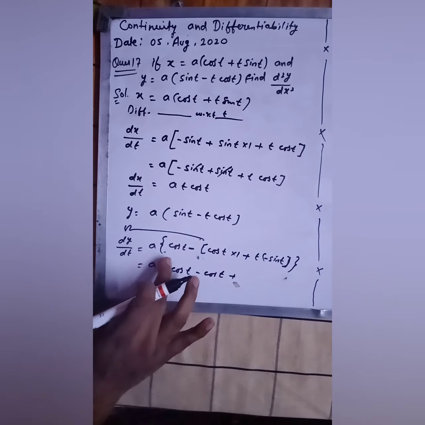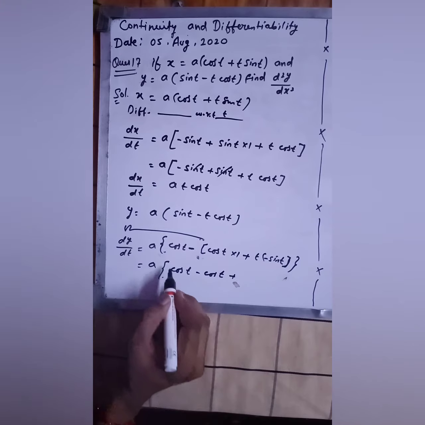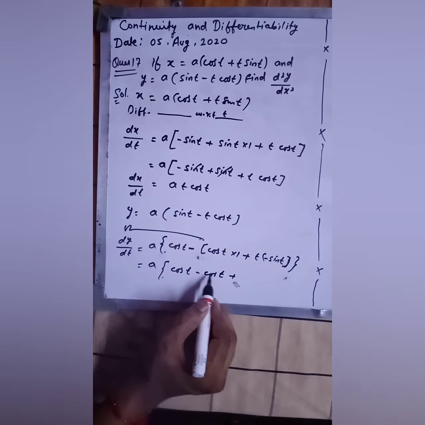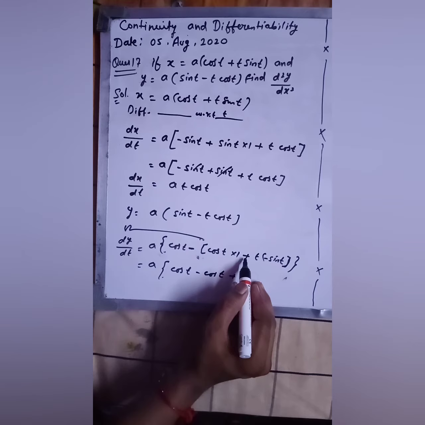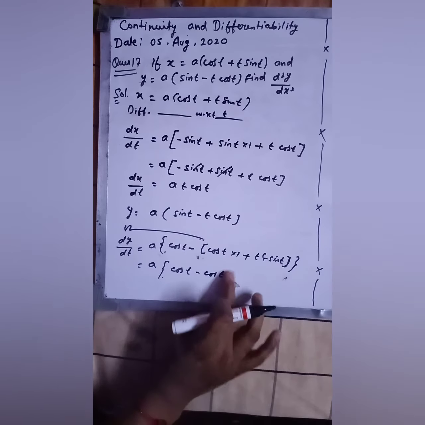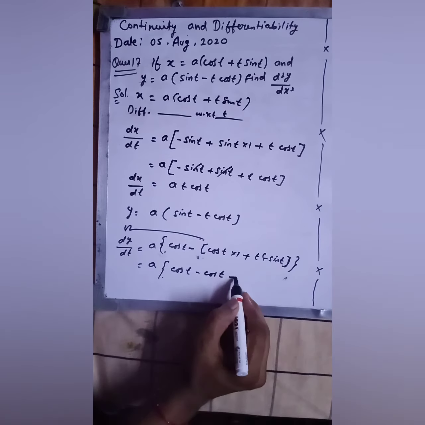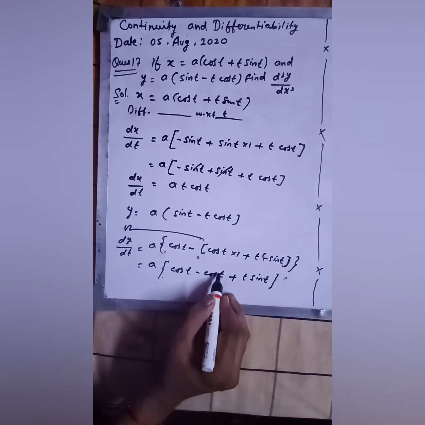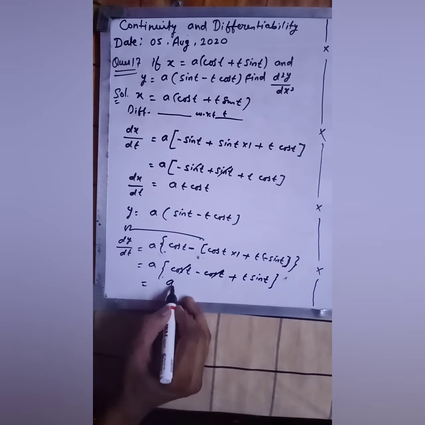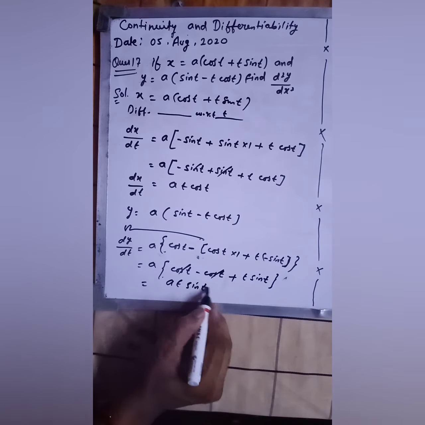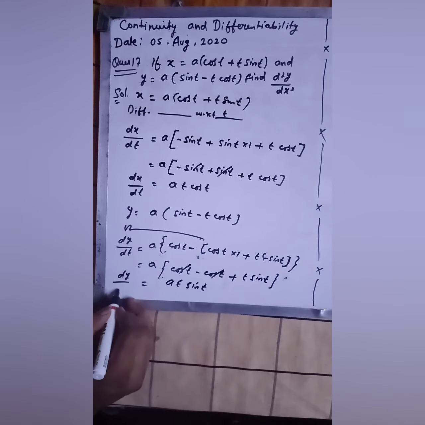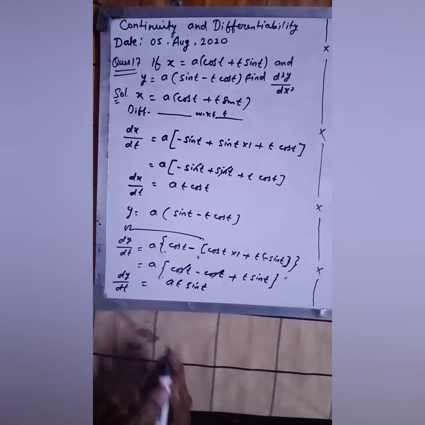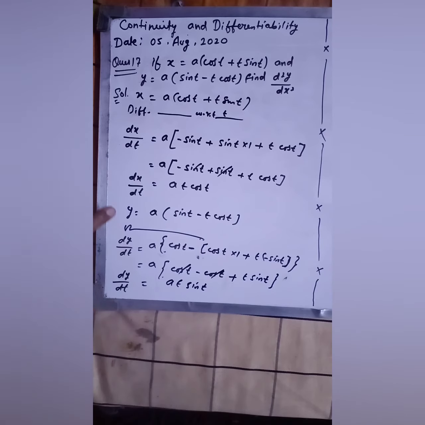So when you simplify it, you will get cos t minus cos t, and when you open the bracket it would be plus t sin t. Okay, this cos and cos will cancel out and you will get a t sin t. This is your dy by dt. Fine. So here you have the values of dx by dt and dy by dt.